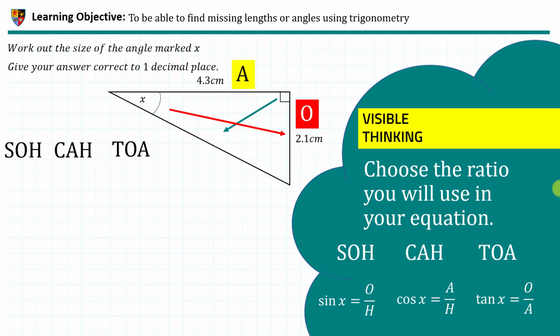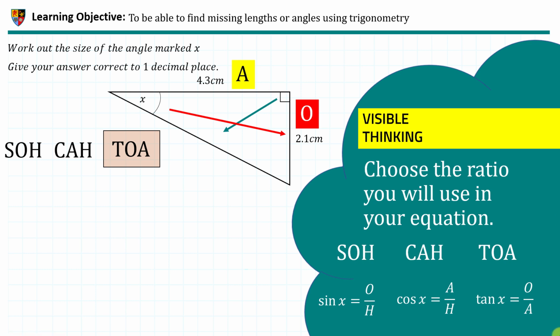The information you have is about the opposite side and the adjacent side. So which ratio can you use? Sine, no, because that's opposite over hypotenuse. Cos, no, that's adjacent over hypotenuse. Ta-da! Tan is opposite over adjacent, so tan is the ratio that you can use.